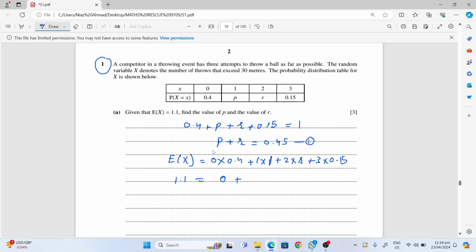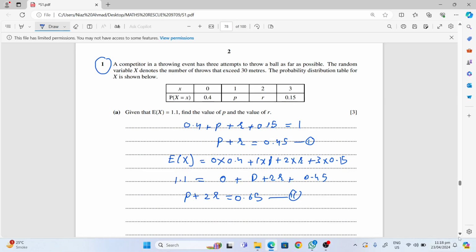So here you are getting p plus 2r plus 0.45 equals 1.1. So the second equation will be p plus 2r equals 0.65. It's equation number 2.